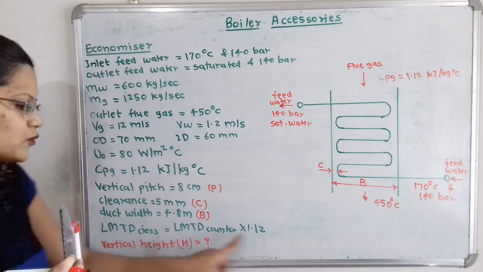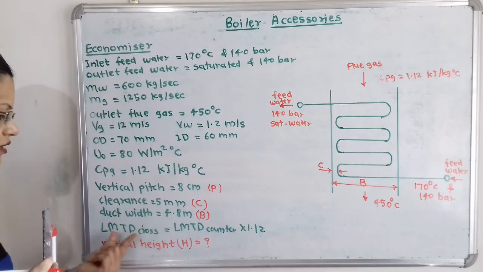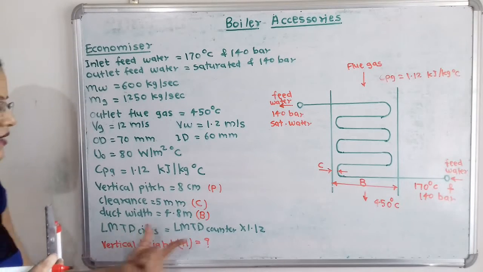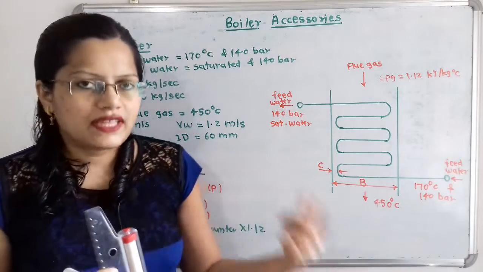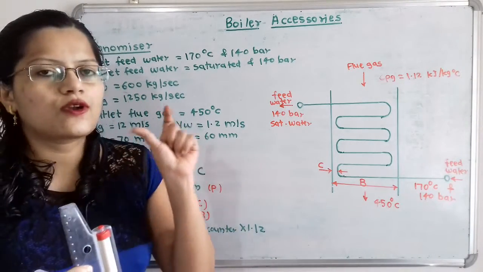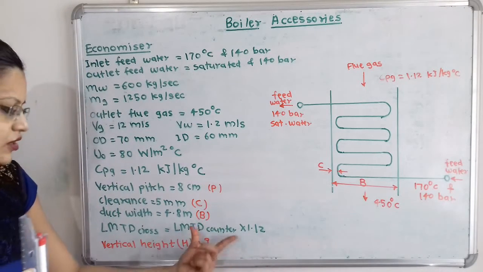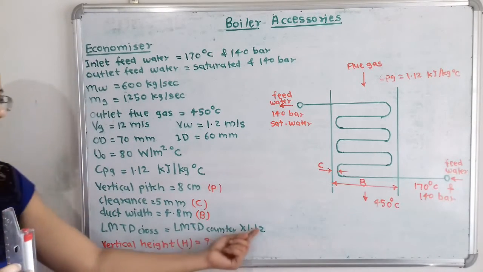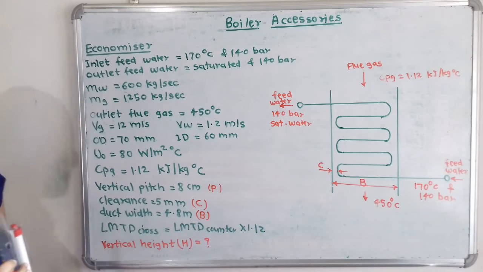So here it may be LMTD actual or LMTD cross, but whenever we apply the formula, the answer is for LMTD counter. So this correction factor is given, so we have to find the actual LMTD.